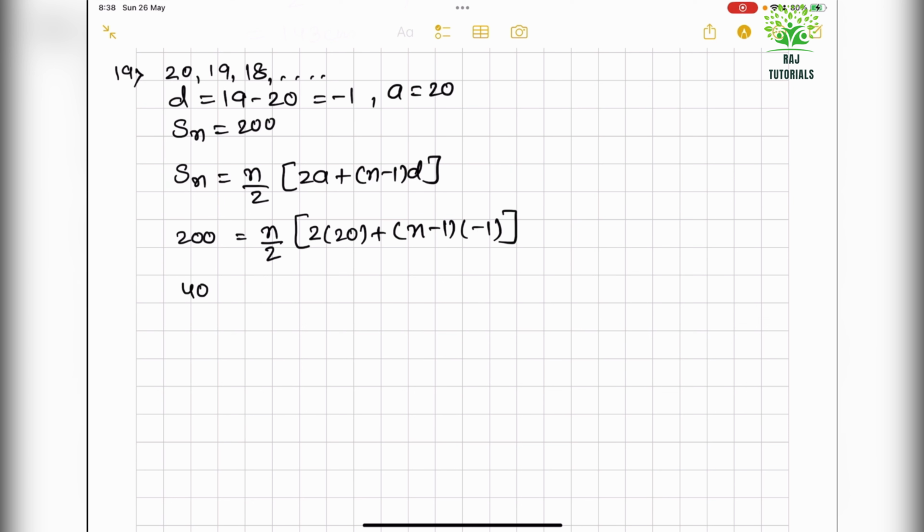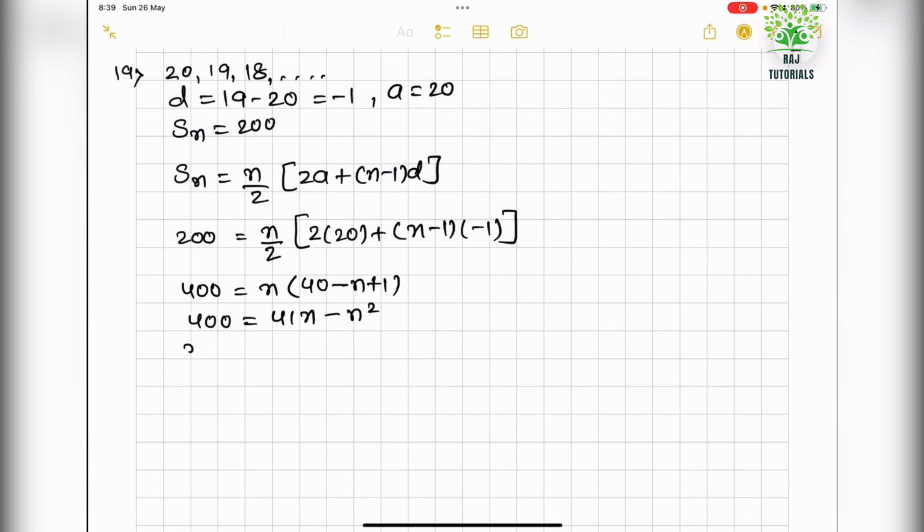So I can say 400, I have multiplied 2 on the left hand side, equal to n into 40 minus n plus 1. This will become 400 equal to 41n minus n square.